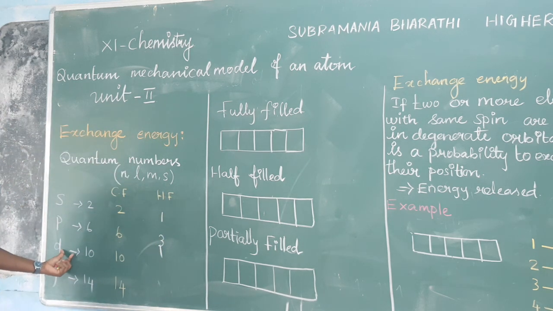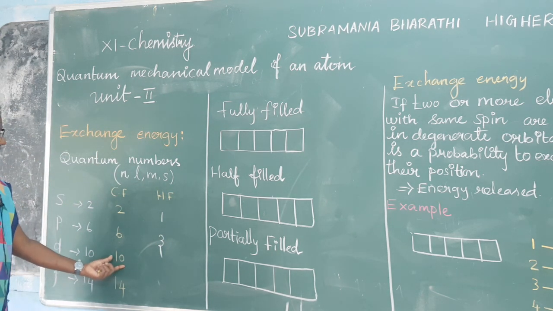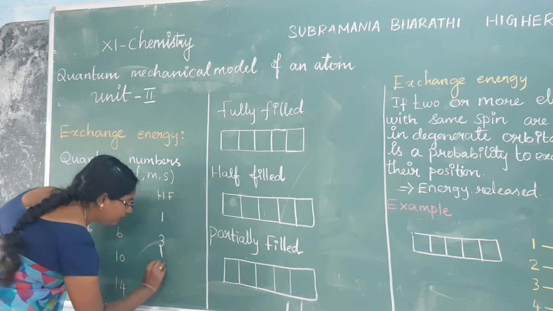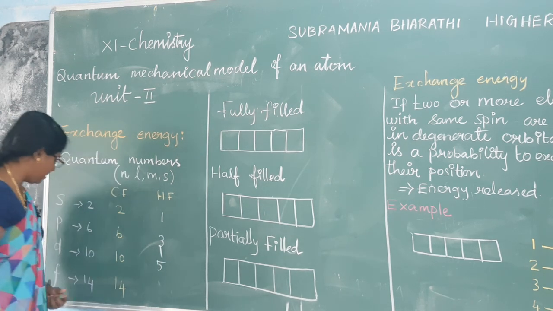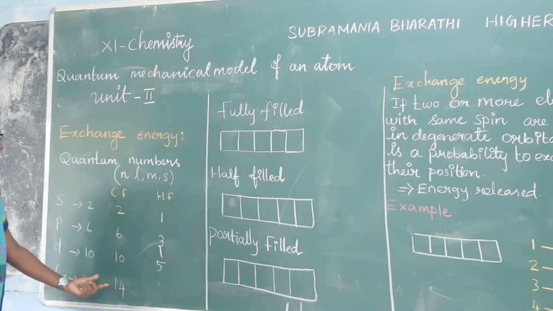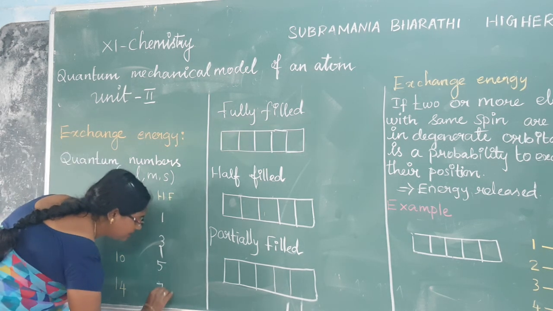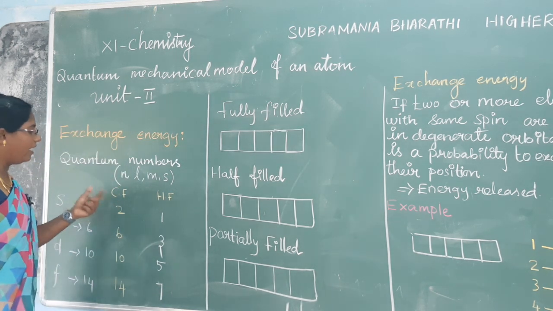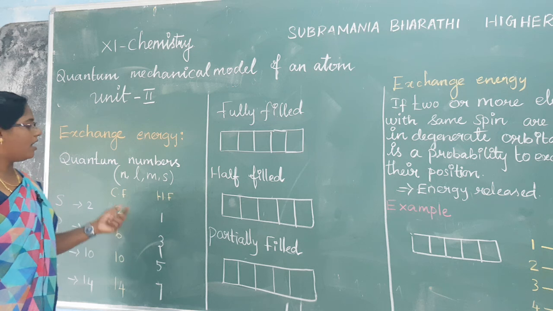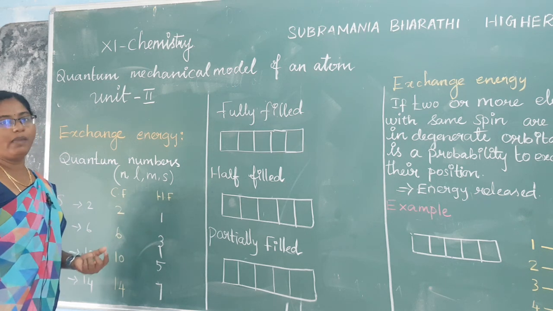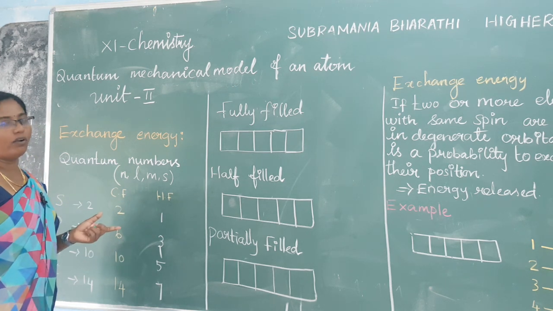For the d orbital, completely filled is 10 electrons and half filled means 5 electrons. For the f orbital, completely filled is 14 and half filled is 7. Whenever it is completely filled or half filled, that is said to be the most stable configuration.